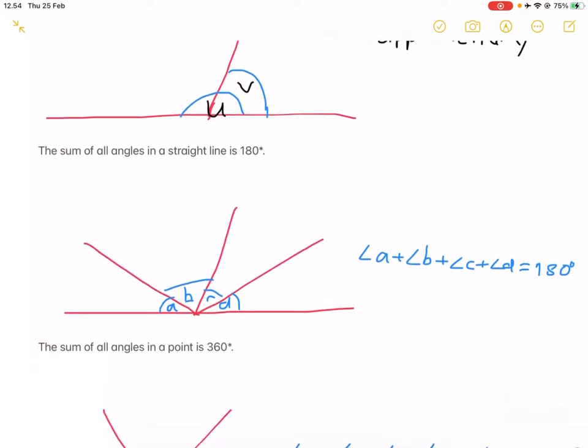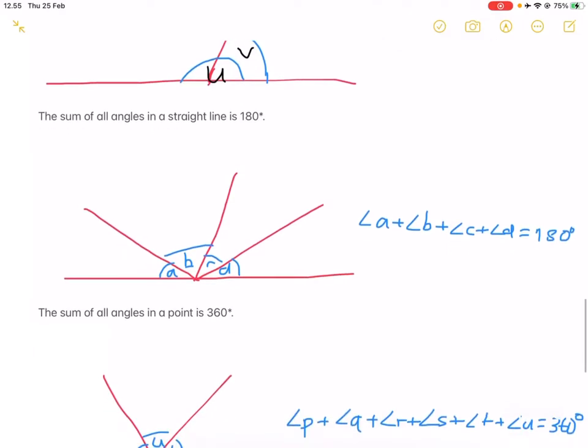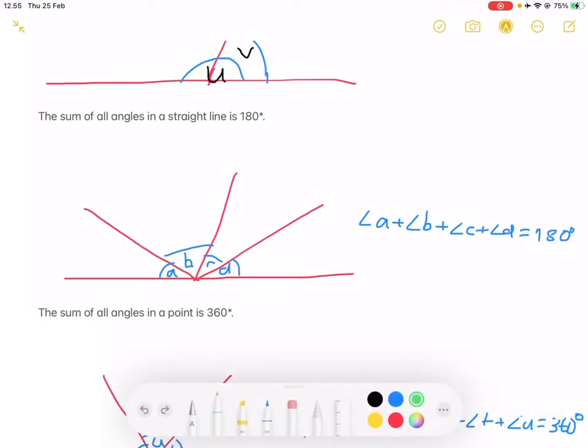Here are some general and easy ones. The sum of all angles on a straight line. Here is the straight line right here. It is 180 degrees. If you have a load of angles on the straight line and you sum them all up, it will add to 180 degrees. In this case, angle A plus angle B plus angle C plus angle D will be 180 degrees.